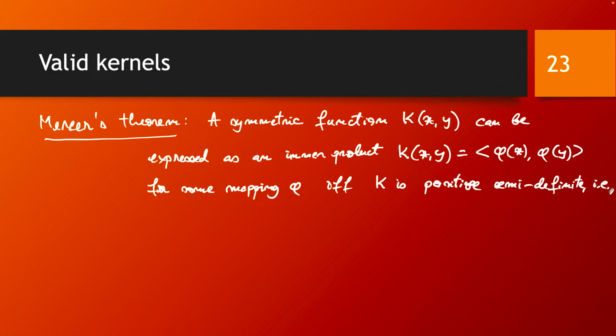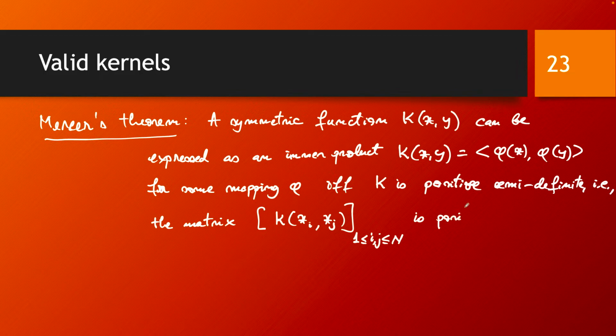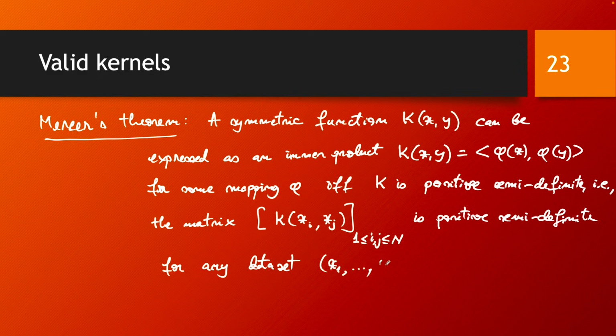And so what this really means is that the matrix with its entries given by k of xi, xj, so this matrix is positive semi-definite for any collection or any data set x1 all the way to xn.